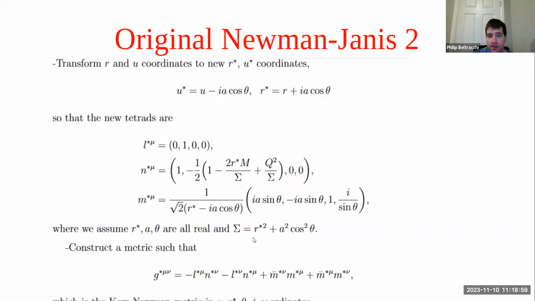Capital sigma is equal to the new radial coordinate squared plus a squared cosine squared theta. If we reconstruct the metric as before, featuring these new transformed vectors, we end up with a fully real metric that is the Kerr-Newman metric in these advanced null type coordinates.